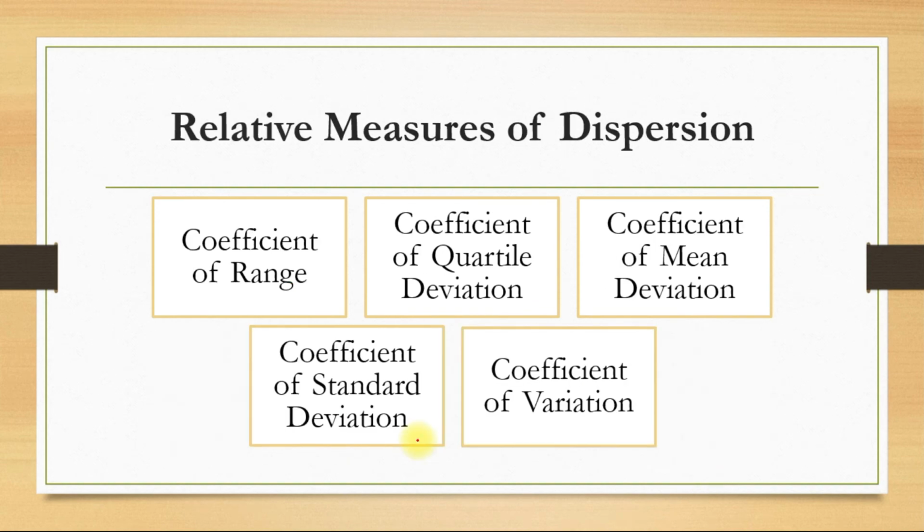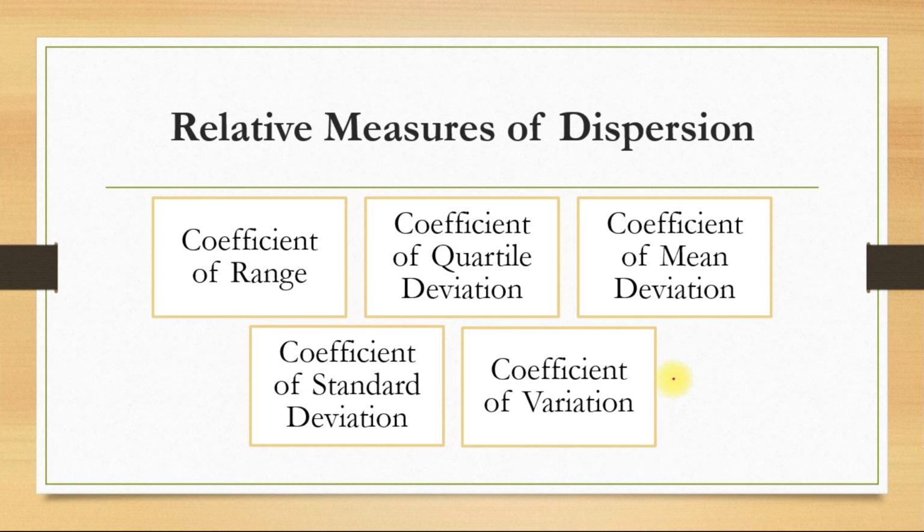On the other hand, relative measures of dispersion are unitless. This is why they are useful. So whenever we want to compare the variation of two different series, we should use relative measures of dispersion instead of absolute measures. For example, we want to compare variation in height and weight.